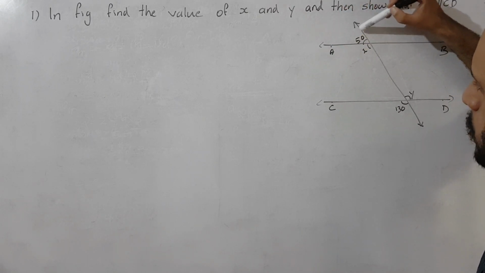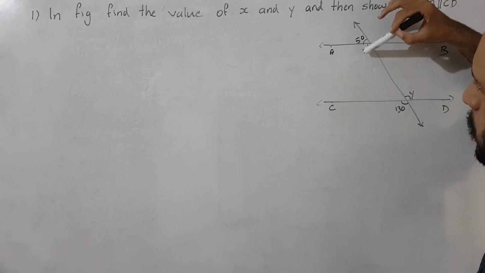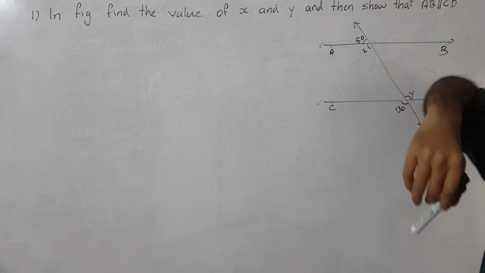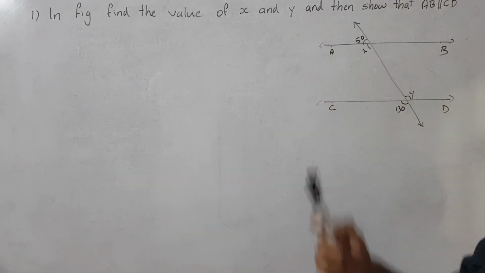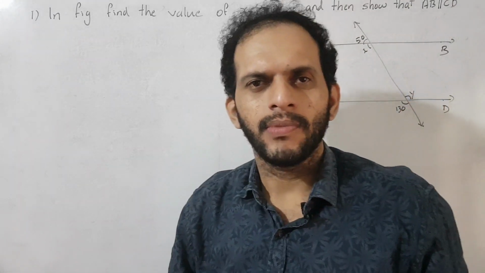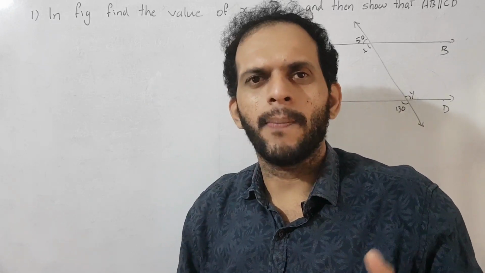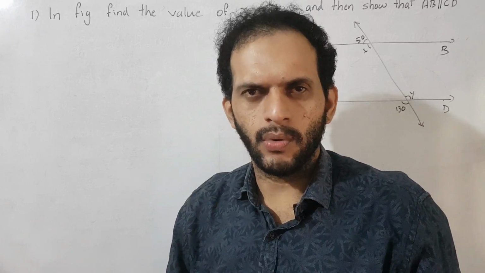One ray stands on a line. There we get two angles on both sides of the ray. We call them a linear pair. Then 50 and x are a linear pair. So we know the property. What is that? The linear pair angles are supplementary. So applying the property, it is possible to find the value of x also.